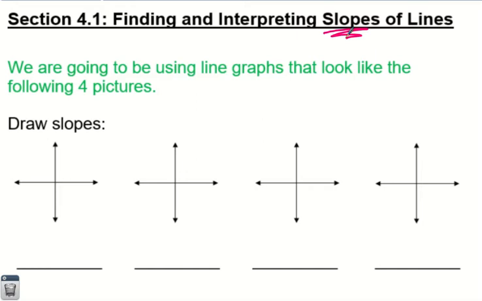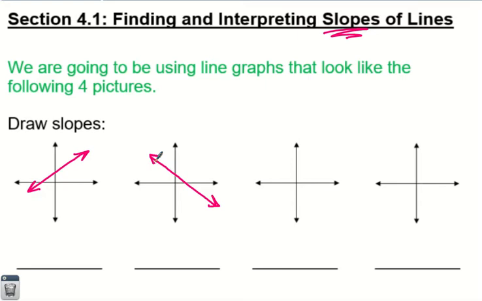And it says right here we are going to be using line graphs that look like one of the following four pictures. So four basic scenarios. In the first scenario we have an uphill line. In scenario 2 we have a downhill line.